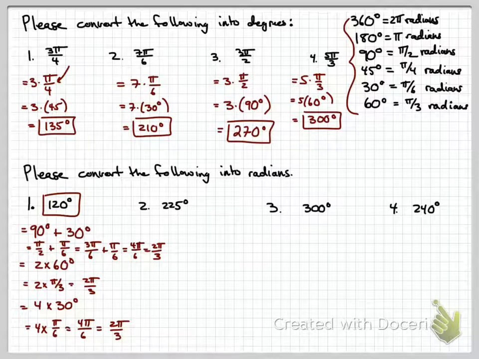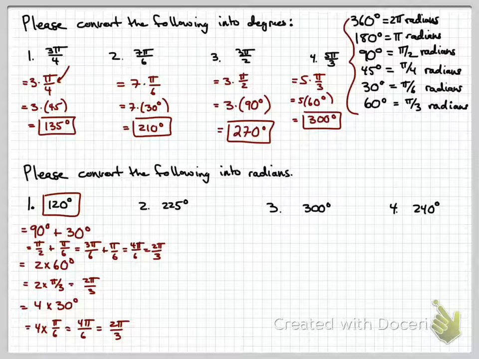All right, used up a little bit of space with this one. It's kind of jutting in the way, but I think we'll make it work either way. So I'm looking at 225 degrees, and that's a really big number. I'm a little bit shaky on what its factors are. So the first thing for me is I say, you know what, 180 degrees is pretty darn close to 225.